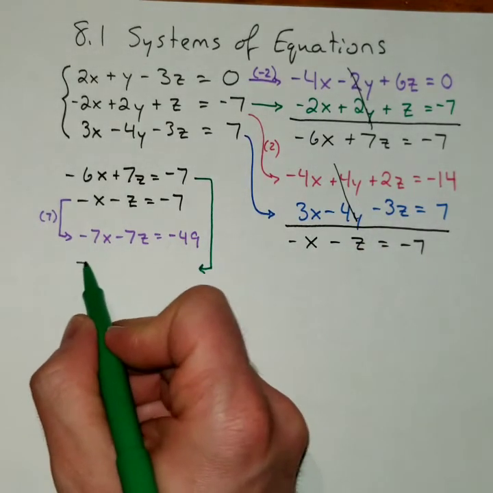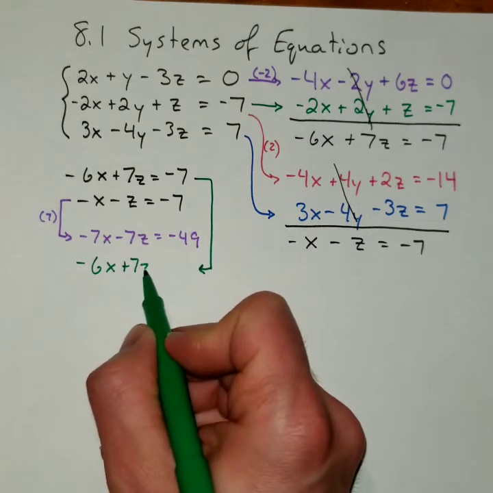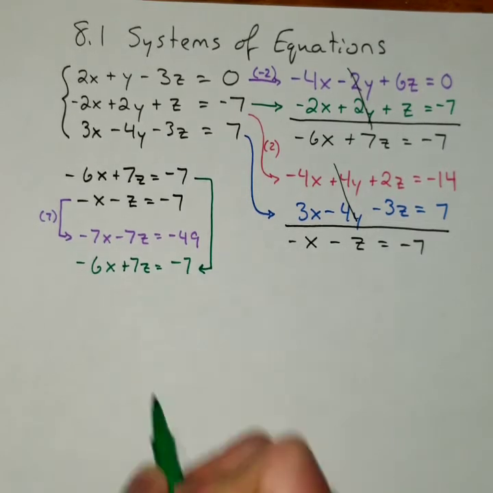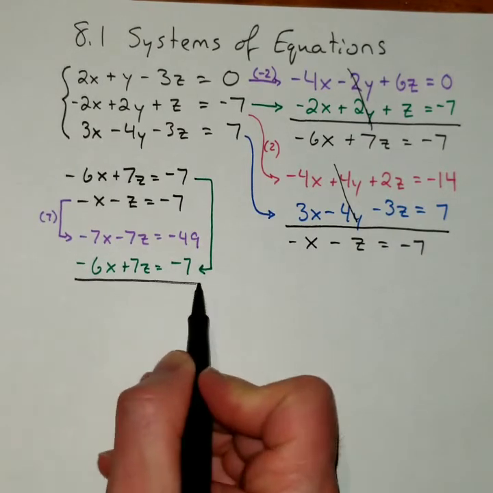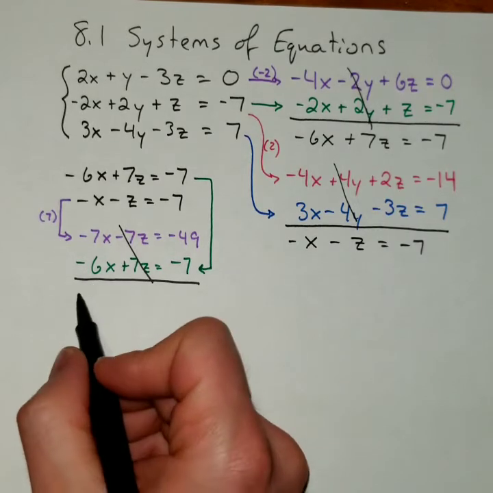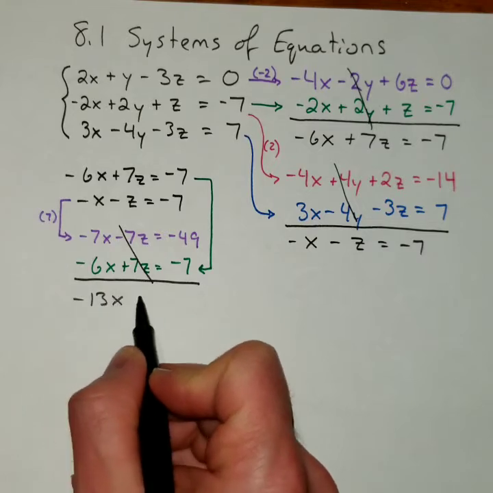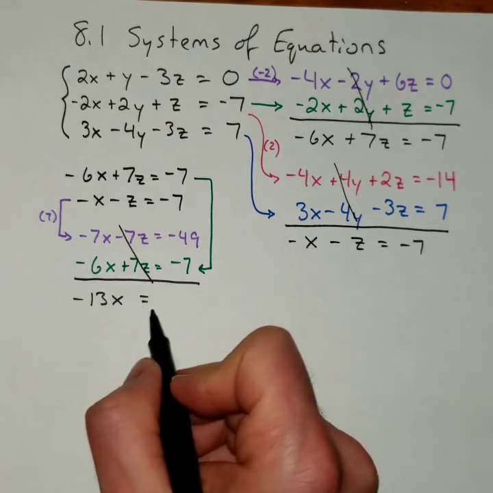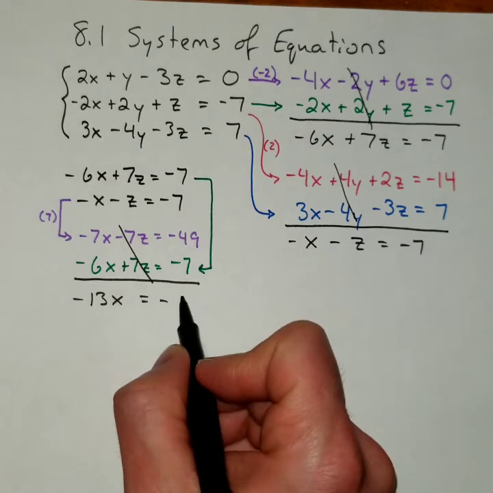So that's -6x plus 7z equals -7. We're going to add those together. The z's drop out. The x's add up to what's that, 13? And here I get a 56.